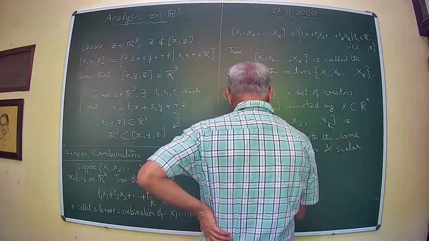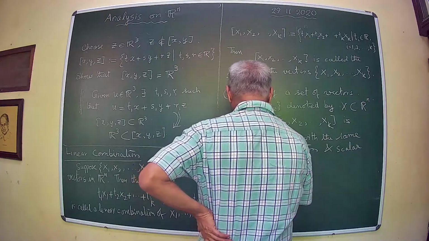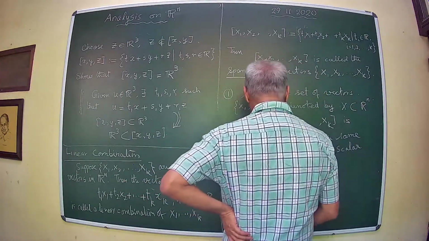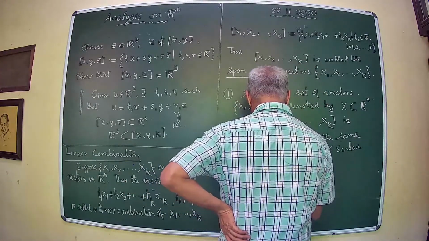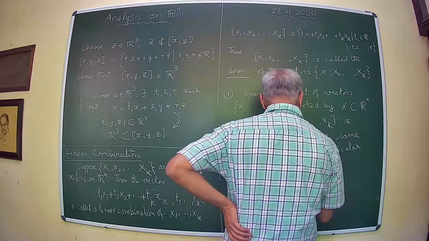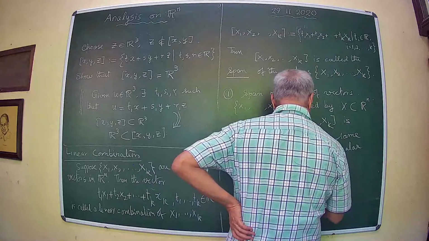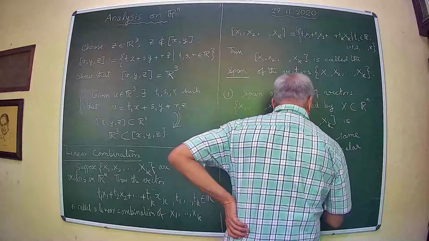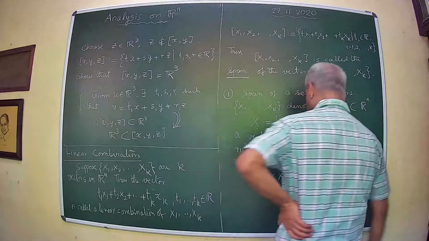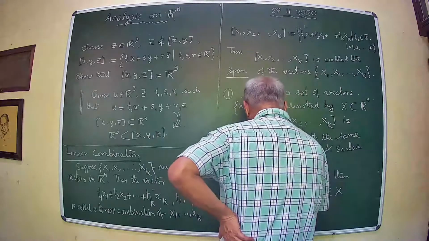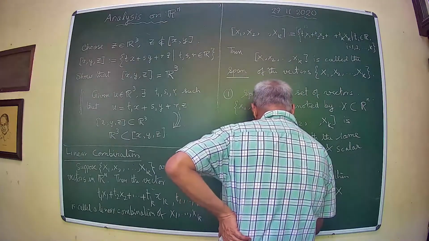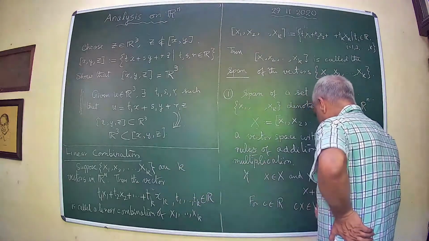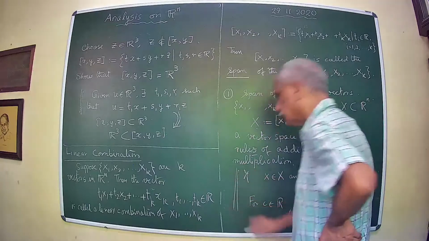If x belongs to x and y belongs to x, then for c belonging to R, cx belongs to x; verify these properties.